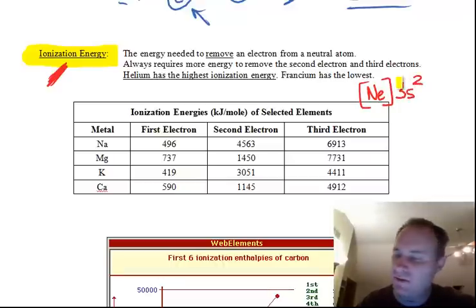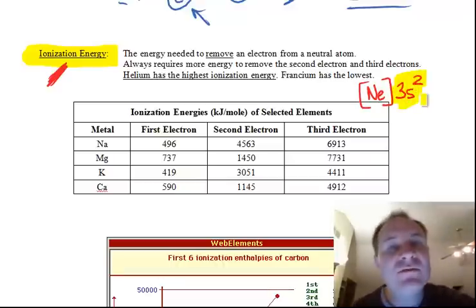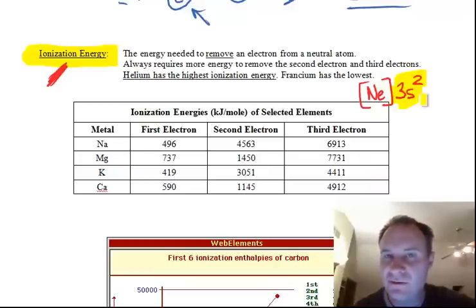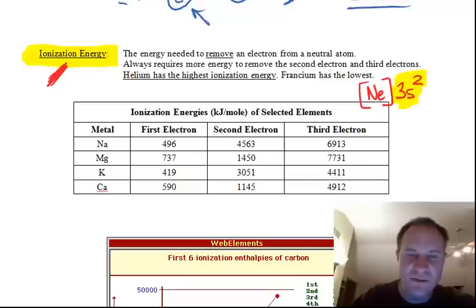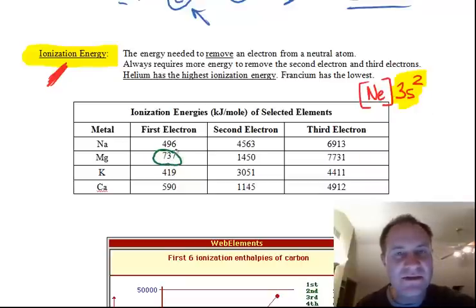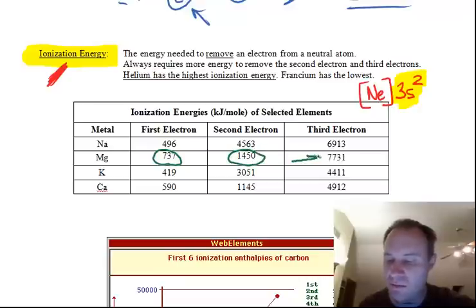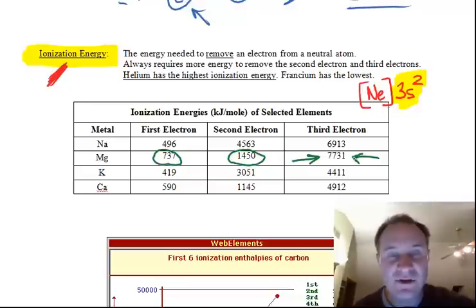So I say, I have 2 extra electrons before I disturb a full valence shell. So it's not surprising that the first one of magnesium is going to cost you, the second one will cost you more. But oh my goodness, the third is like 5 times the cost.